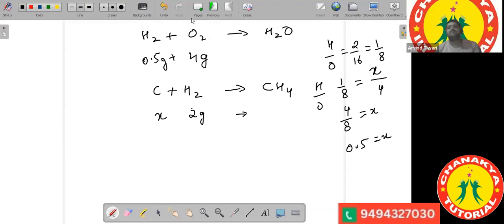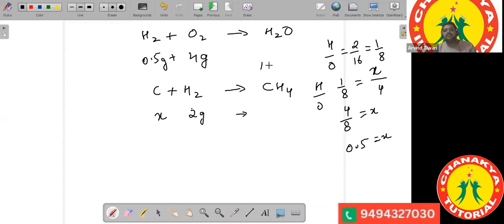Okay. So now we move towards Dalton's theory. Here we just saw if you find out the ratio, it is 12:4.